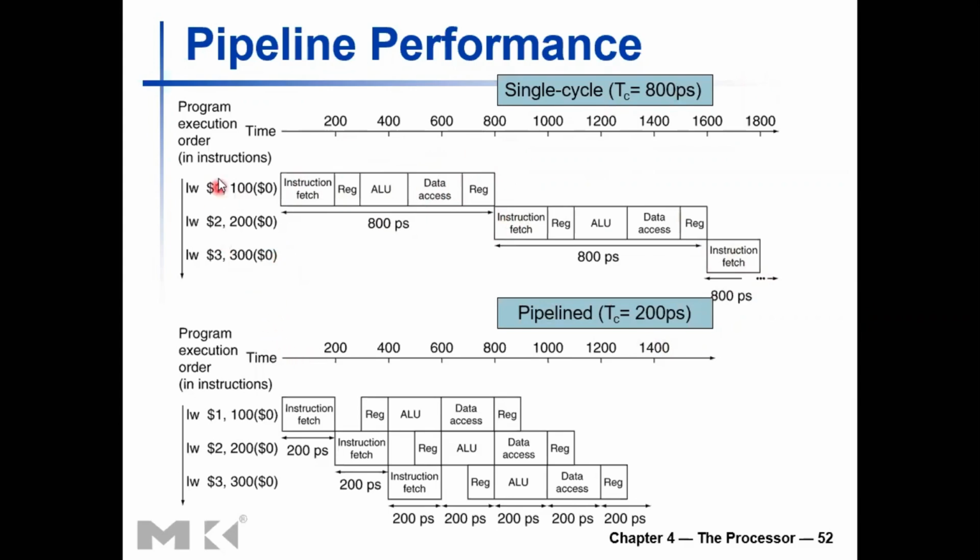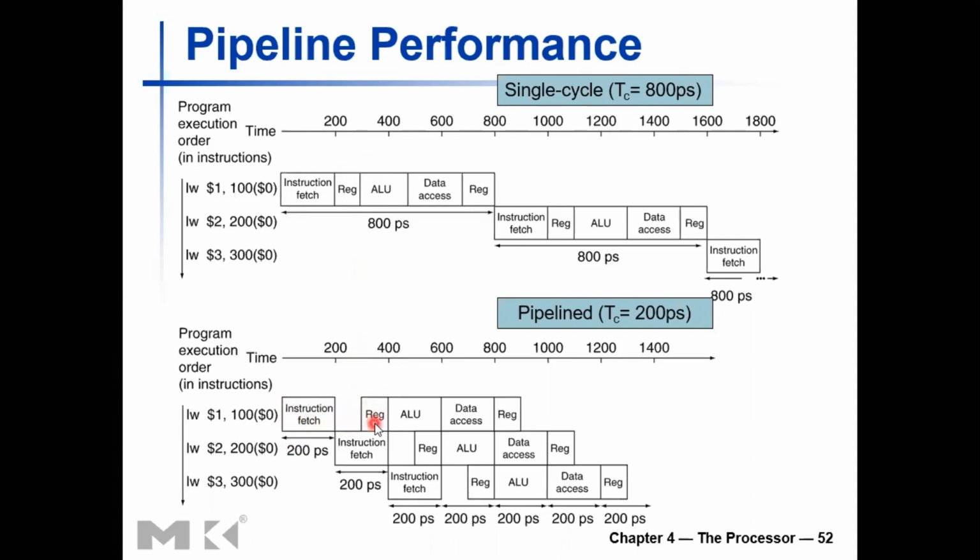Then in the pipeline implementation, we have to align our stages into separate clock cycles, right? We can't do one after the other in an absolute manner like this. Register reading or writing takes less time, but still we have to utilize a full clock cycle for that task.